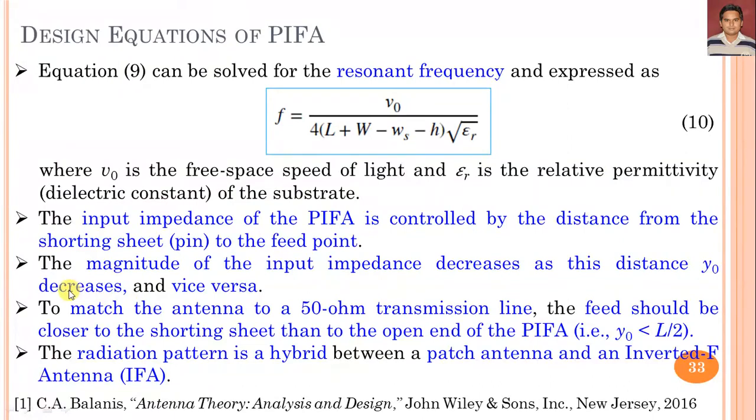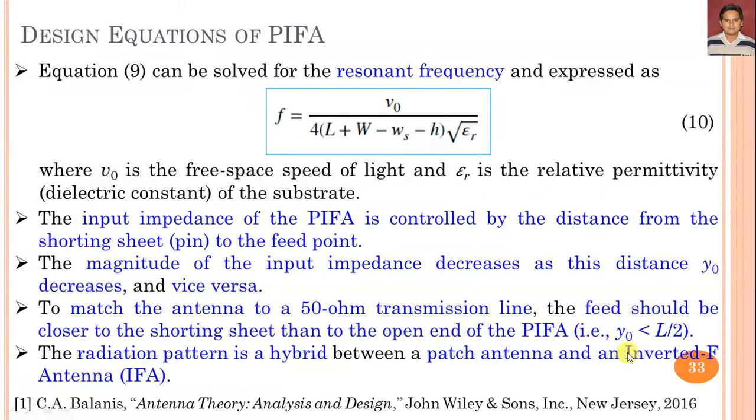And the radiation pattern of a PIFA antenna is a hybrid radiation pattern, and it is a combination of a microstrip patch antenna as well as an inverted F antenna. In a microstrip patch antenna, it becomes unidirectional, as we have discussed. The inverted F antenna will be discussed in the subsequent lecture of this series.